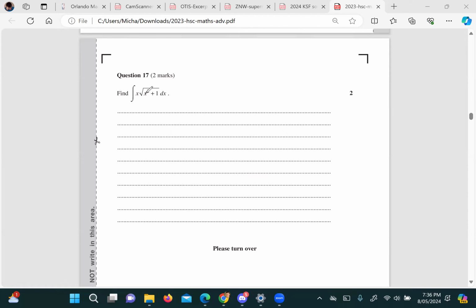It was always the first question. You do some integral, and how we did integrals in extension 2 was literally just eyeballing it, trying to make the fraction, and then write the final answer.